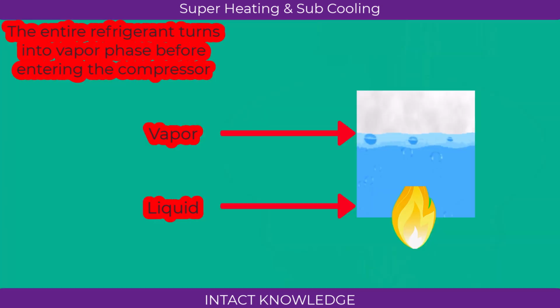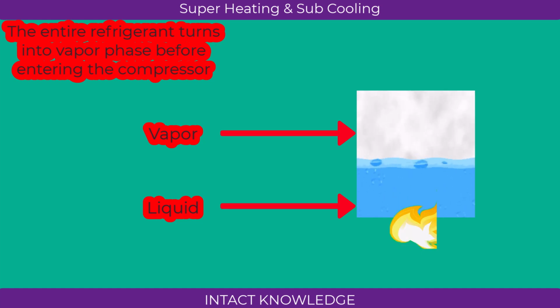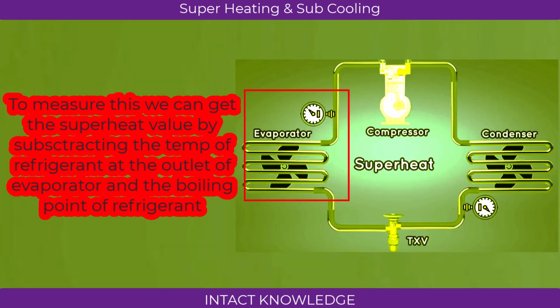So, when the refrigerant is superheated above its boiling point before entering the compressor, the entire refrigerant turns into vapor. To measure this, we can get the superheat value by subtracting the boiling point of the refrigerant from the temperature of the refrigerant at the outlet of the evaporator.